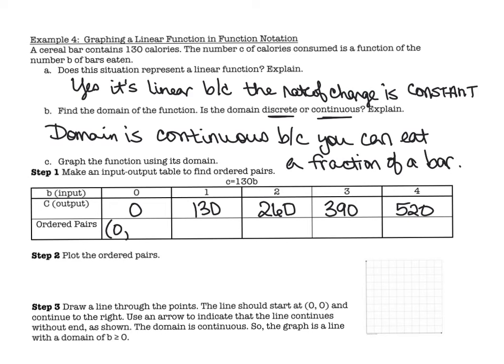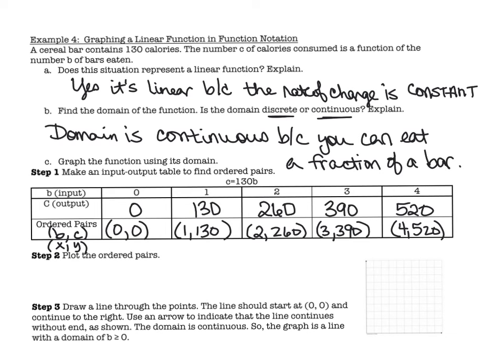Ordered pairs, list X, then Y. So 0, 0, 1, 130. In this case, instead of X, comma, Y, it would be B, comma, C. Those are your X and Ys. And then we have 2 bars, 260, 3 bars, 390, and finally 4 bars, 520.